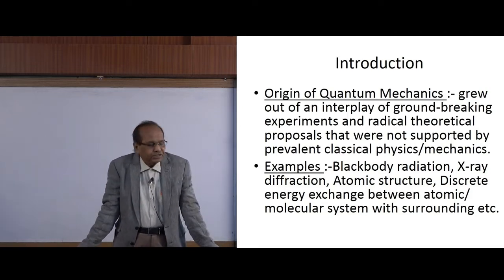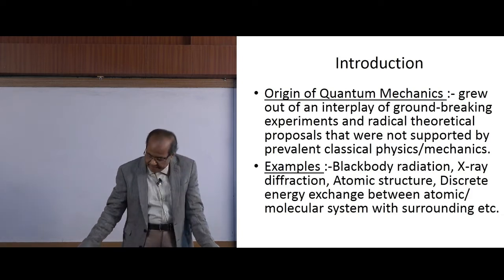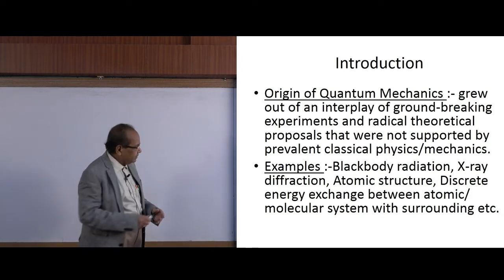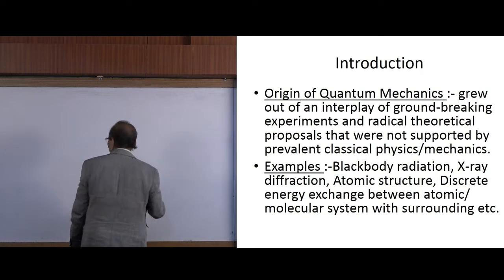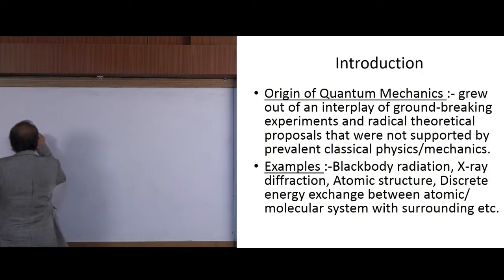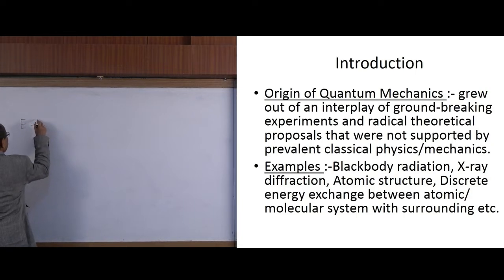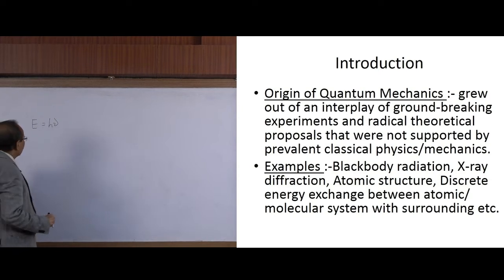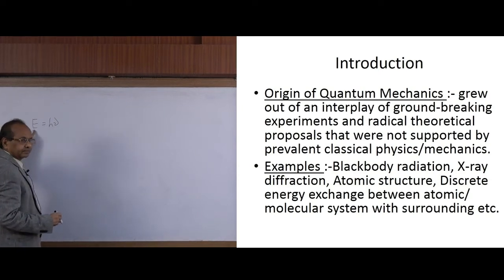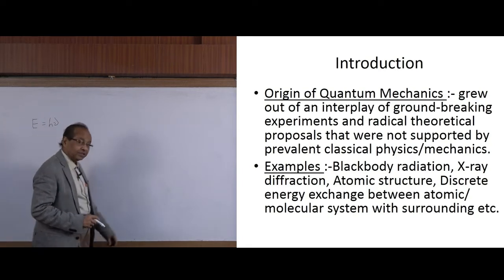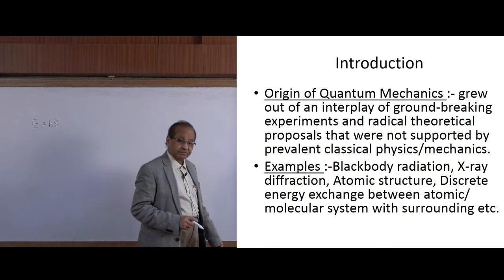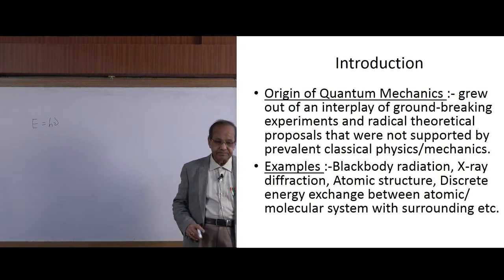So this energy exchange is quantized, and this energy comes in the form of the energy E equal to h nu. H is a constant, which is Planck's constant, and nu is the frequency of radiation, the radiant energy.